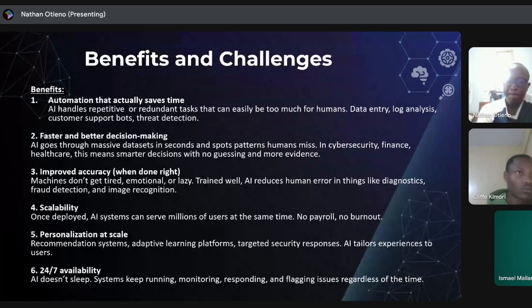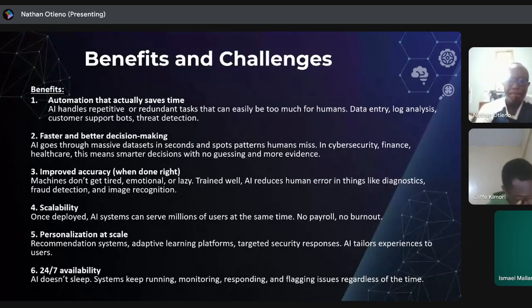The third one, improved accuracy. Machines don't get tired, emotional, or lazy. Trained well, AI reduces human error in things like diagnostics, fraud detection, and image recognition. Another benefit, scalability. Once deployed, AI systems can serve millions of users at the same time.